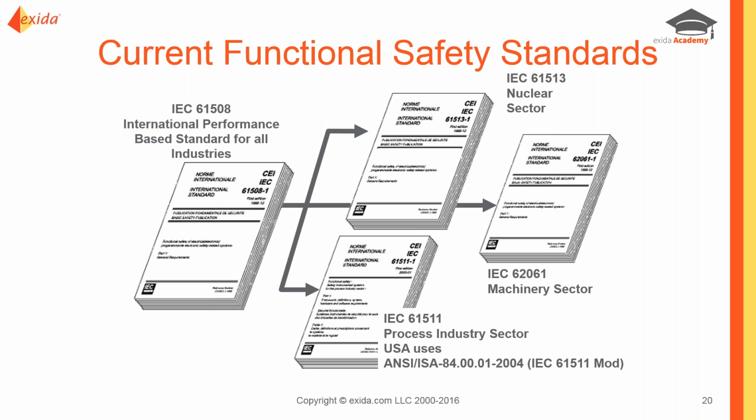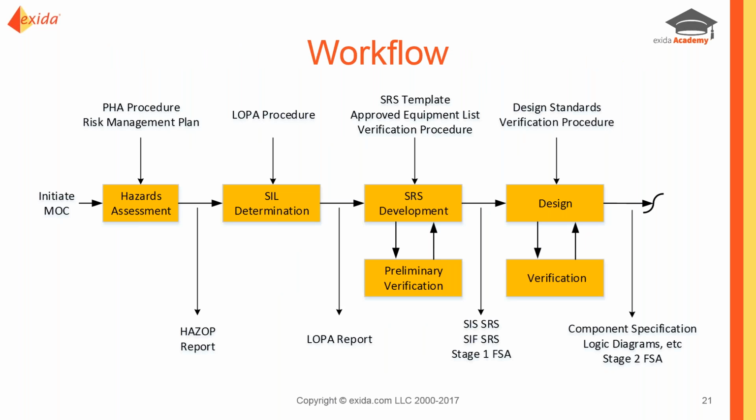Once we've figured out what rules we're going to follow and what standards we're going to apply, the next thing we want to look at is the workflow of the process. And this workflow basically follows the safety life cycle. You can break it up and add more detail for intermediate activities. But we start, of course, with initiating a management of change, and the first thing we look at is what the hazards associated with this change are.